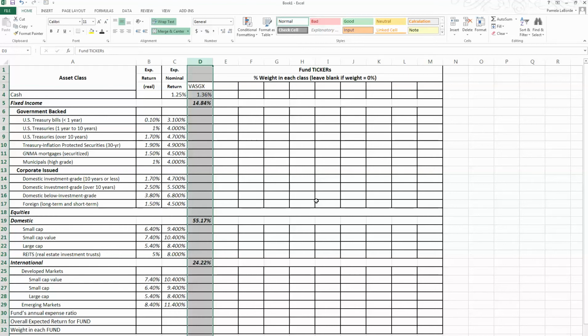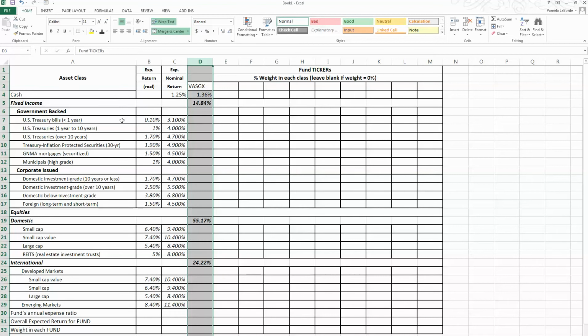If I sum these four numbers, that should be approximately 96%. The reason it's not 100% is because this particular fund had about 4 or 5% in other, and I'm ignoring the other.